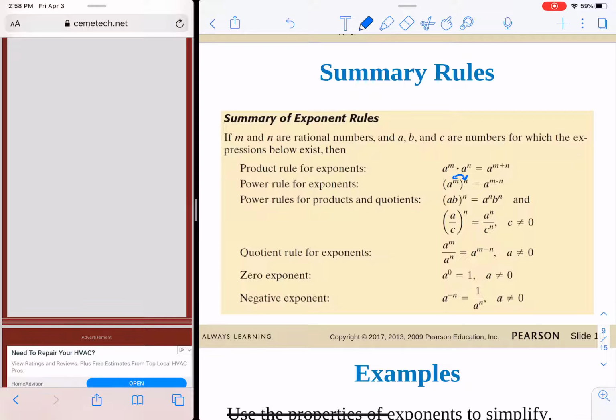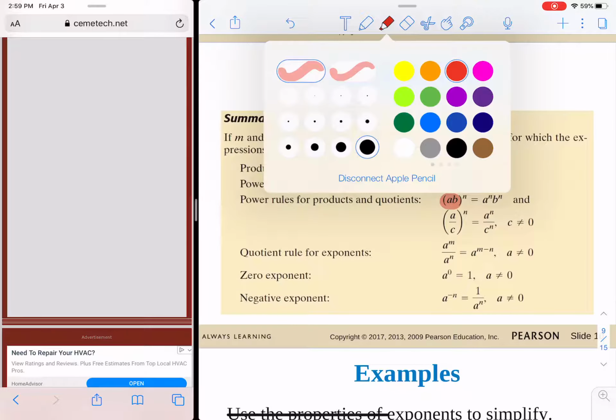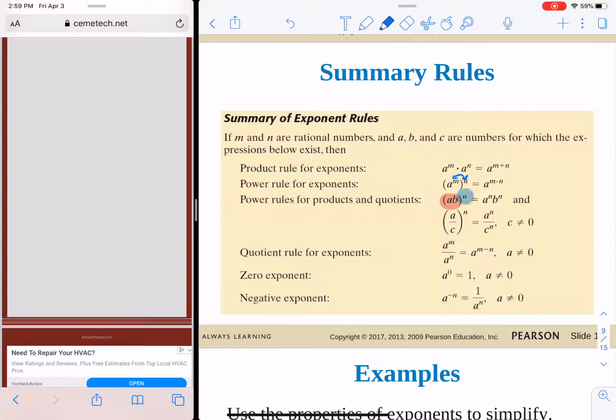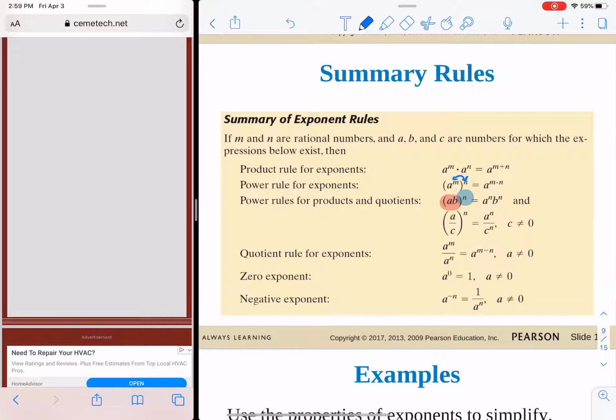The next one has two different bases, a and b, but we are raising it to the common power, which in this case is n. So we could apply that exponent to each of the bases and write it as a raised to n times b raised to n.